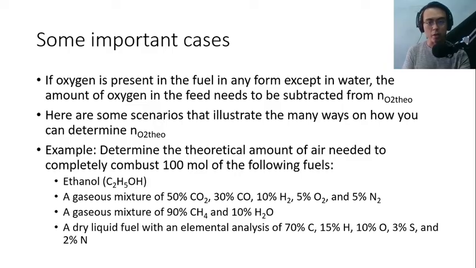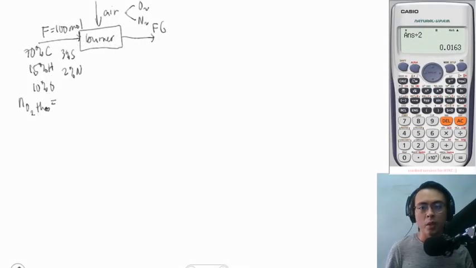That's 70% carbon, 15% hydrogen, 10% oxygen, 3% S, and 2% N. Okay. Now, sorry, this is not 100 moles. This should be 100 grams. Now, we will proceed as usual.